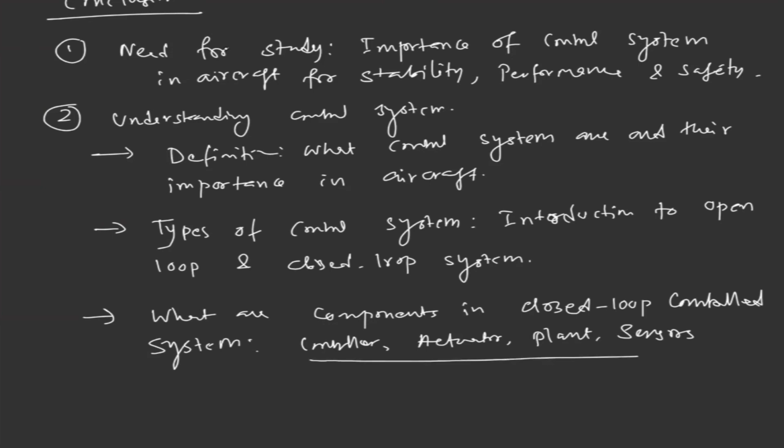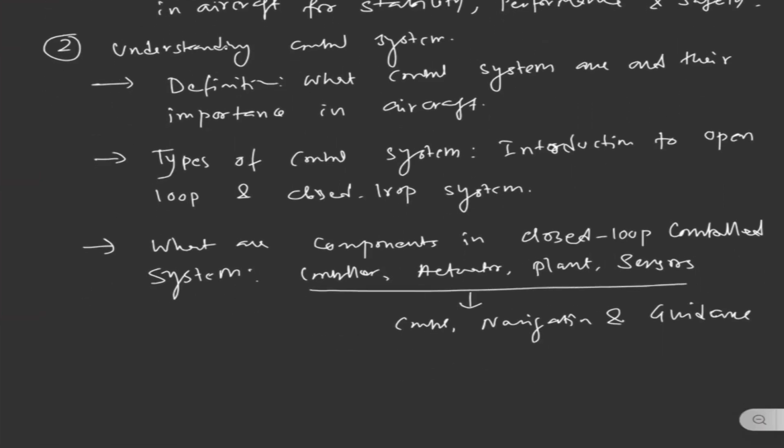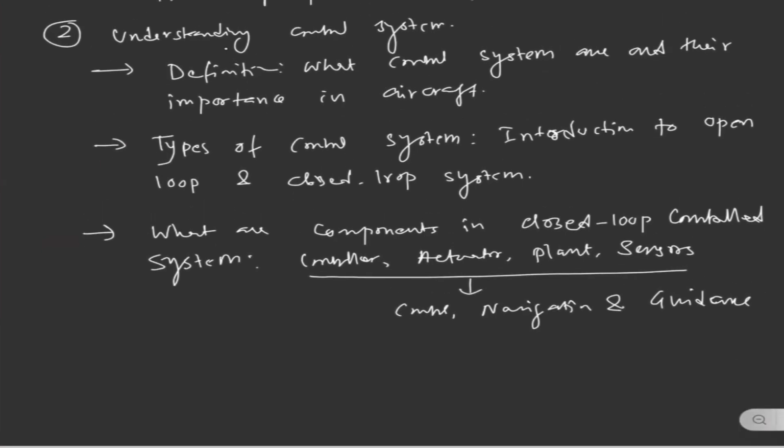These things actually come under control, navigation, and guidance, and how these three different systems are connected in closed loop such that the desired objective can be fulfilled. And then we have discussed linear time invariant, LTI systems.